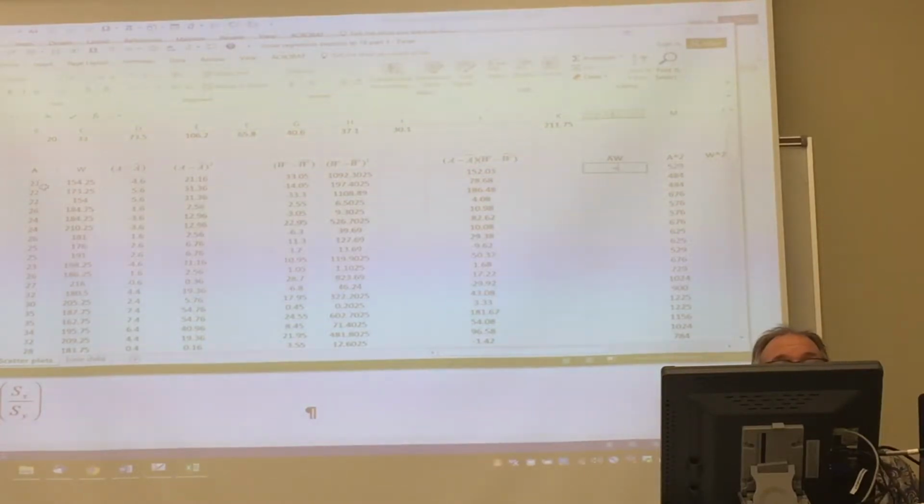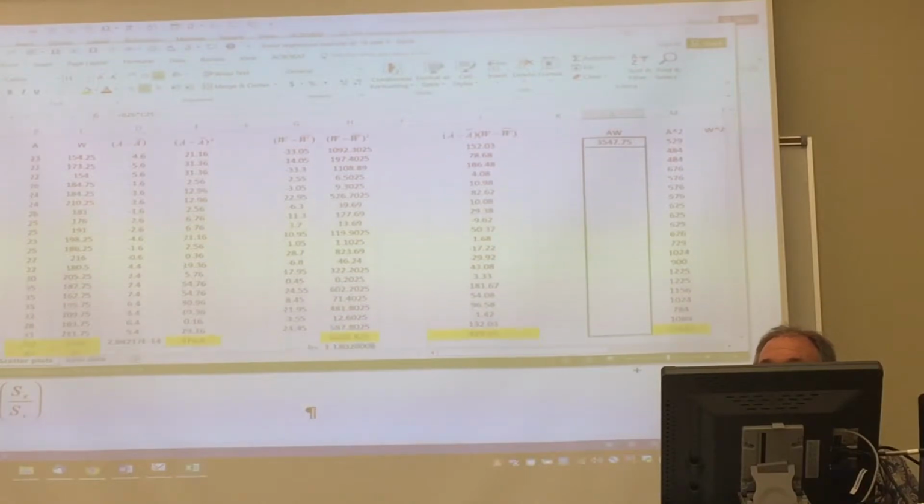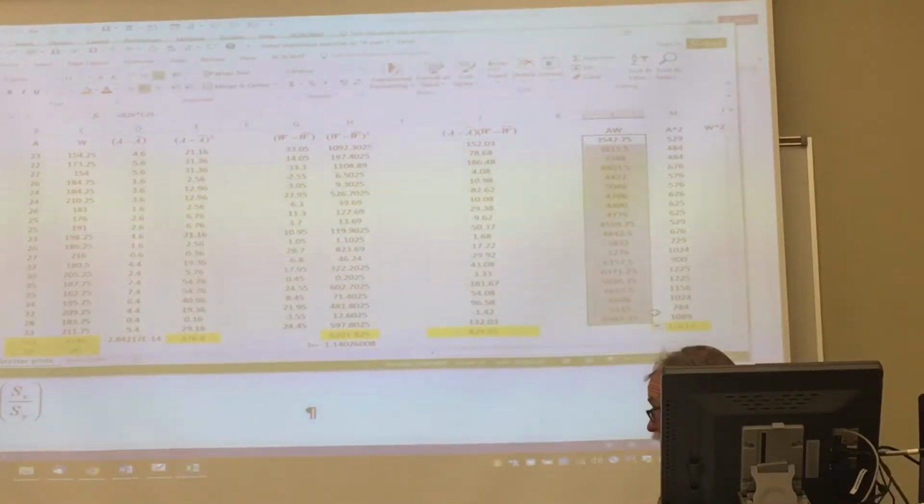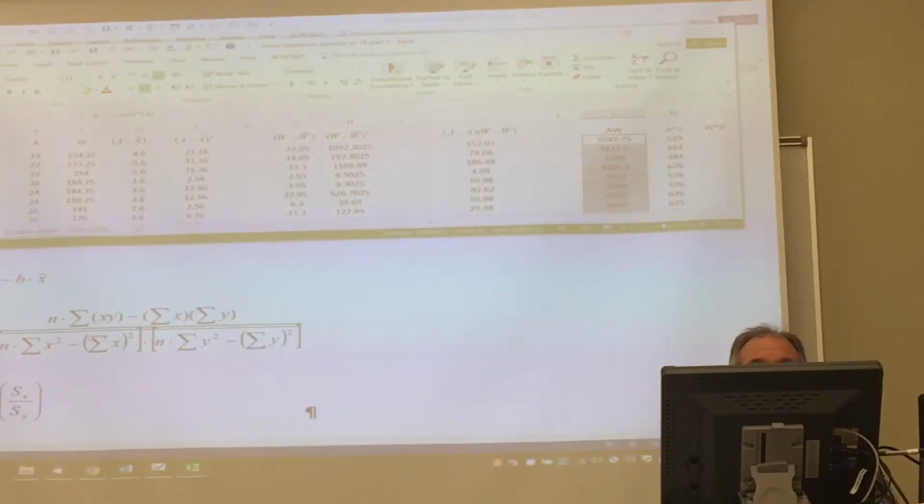B 20. B times this. And what does this big sigma tell me to do? Sum that column up.